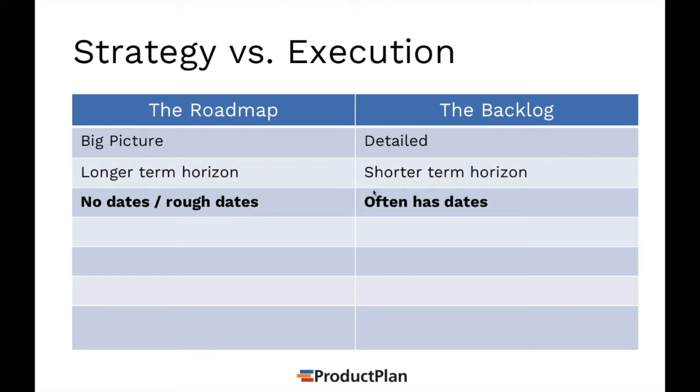So let's talk a little bit about dates. This is another question that comes up so often about roadmaps. So often the roadmap will have rough dates. And what I mean by rough dates are at a very high level, meaning you talk in terms of months or quarters. And there is definitely a movement, and we're seeing this in product management in general, a movement towards no dates on the roadmap.